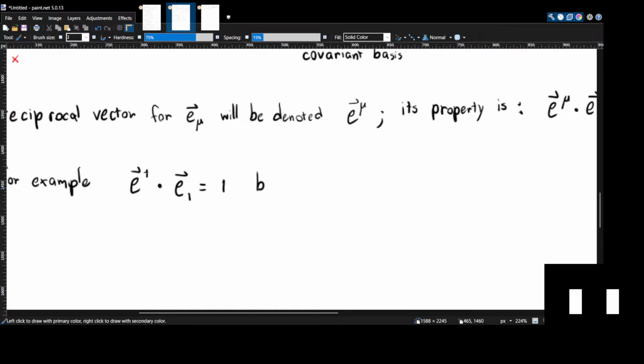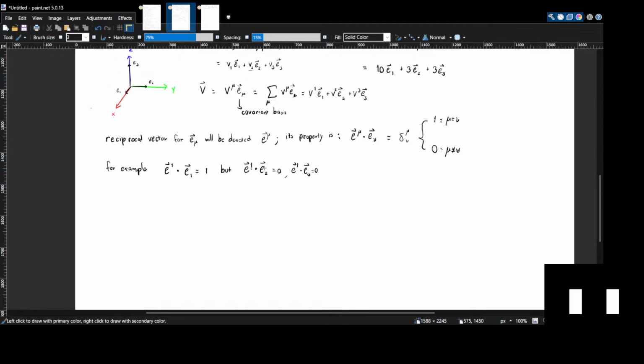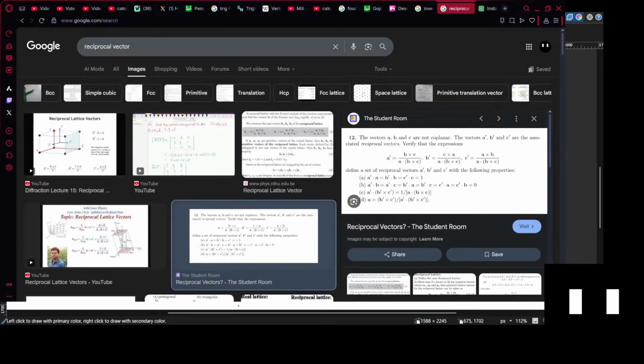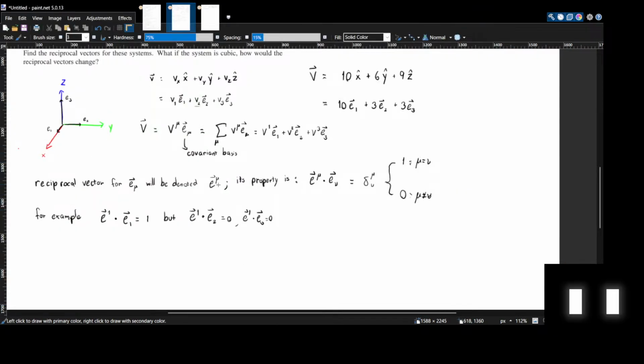But if you dot it with E2, you're going to get 0. And if you dot it with E3, you're going to get 0 as well. So yeah, that's what the reciprocal vector system means. All right, got it? Nice.